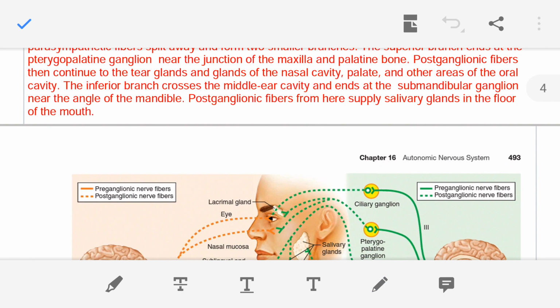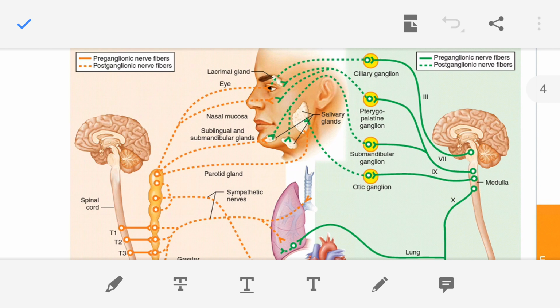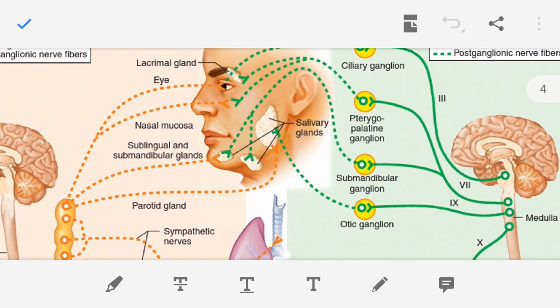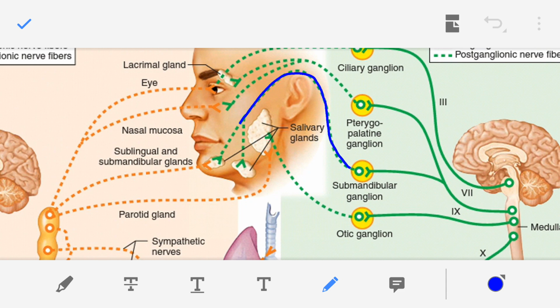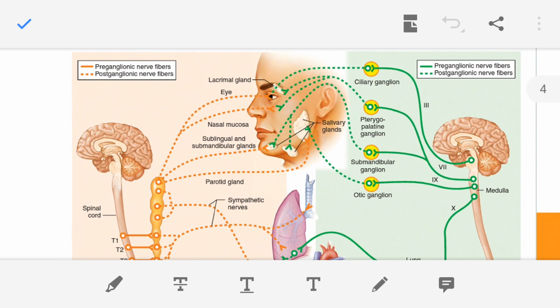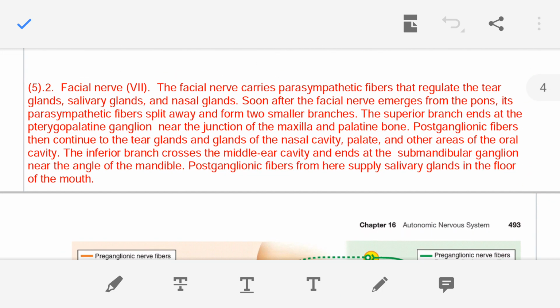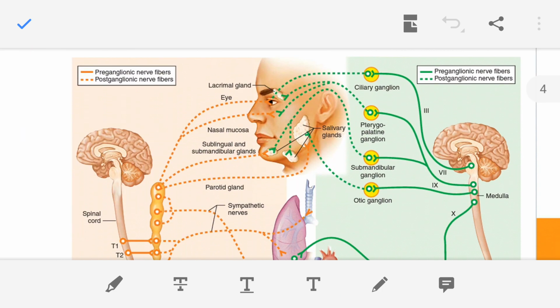Here you see this is the postganglionic fiber innervating the salivary gland, and the salivary gland is present in the floor of the mouth.